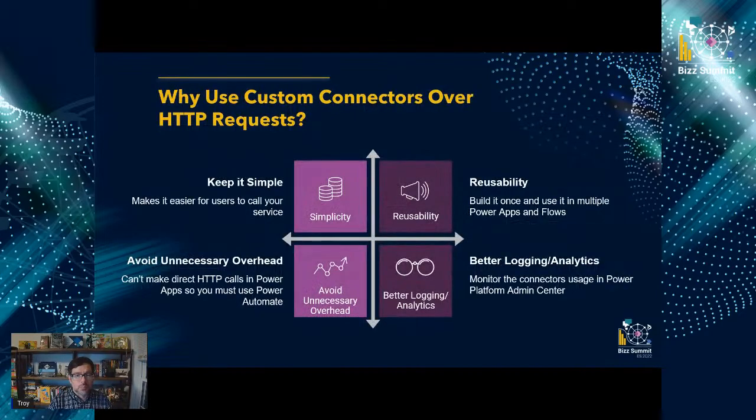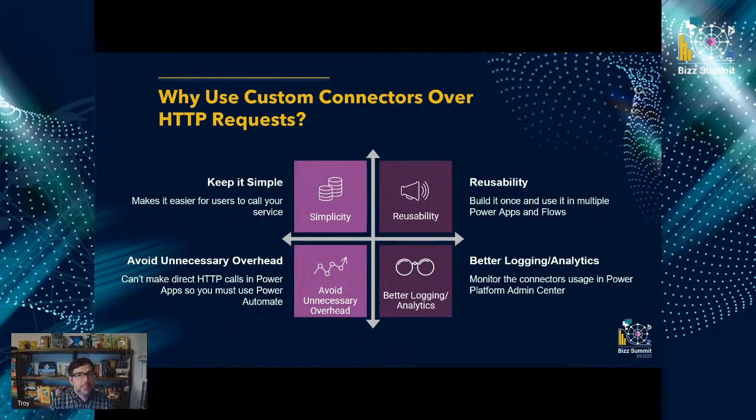Okay. So why use custom connectors over HTTP requests? HTTP is certainly an action that you can use within Power Automate. It's available. You certainly can do it. However, it can complicate things. If you're using multiple HTTP requests within a single flow, or within a solution, you're going to have to be copying it, or using it multiple times.